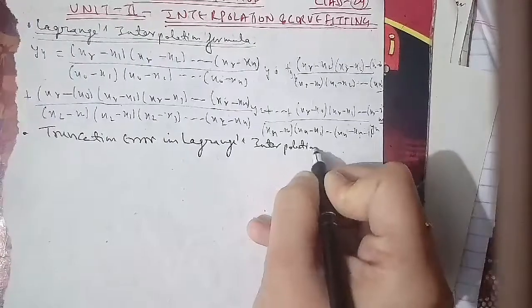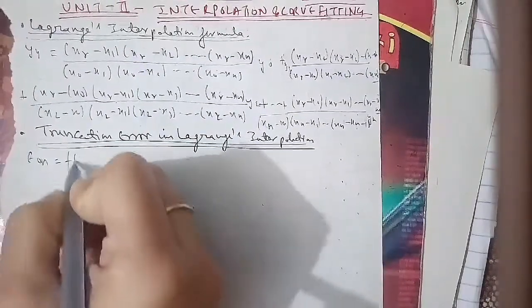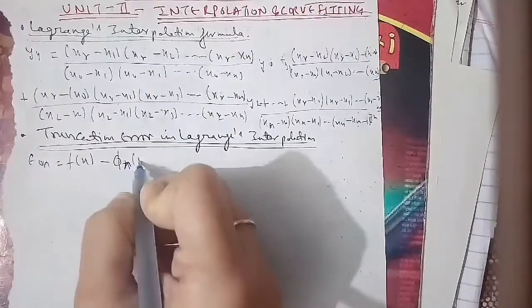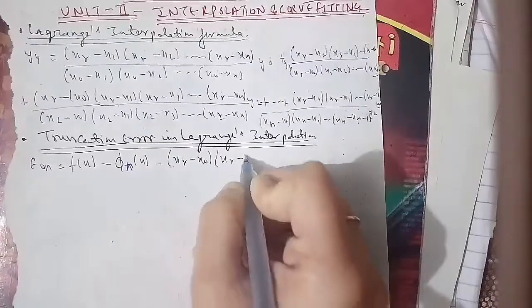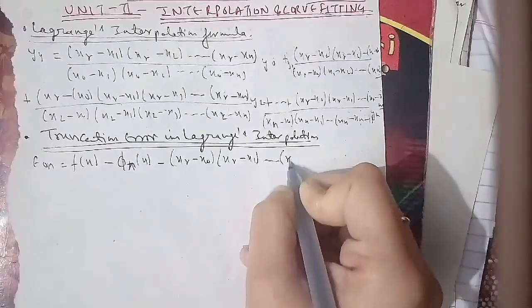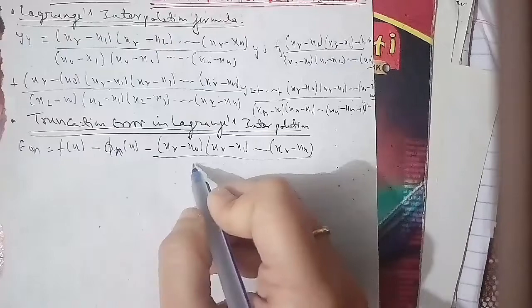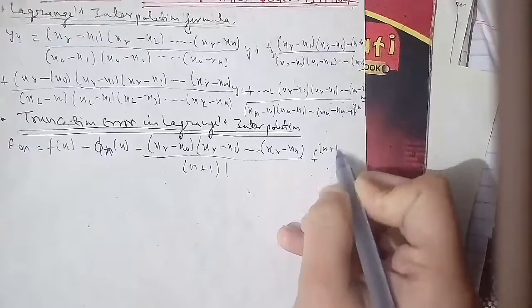The formula we have for the same: En equals f(x) minus phi n(x), which is (xr minus x0)(xr minus x1) till (xr minus xn) whole upon (n plus 1) factorial, f^(n+1)(z). This is the formula here.